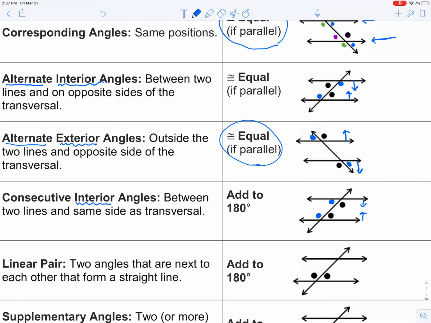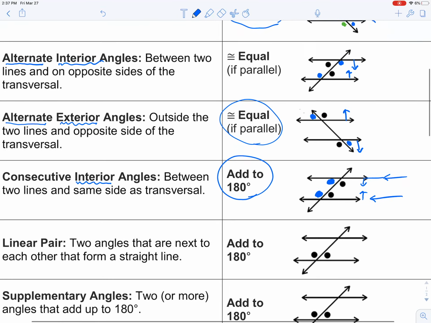And now these have a different property. So if these two lines here are parallel, our consecutive interior angles actually add to 180 degrees. So it means like this blue angle and this blue angle, if I add them together, it will equal 180 degrees.